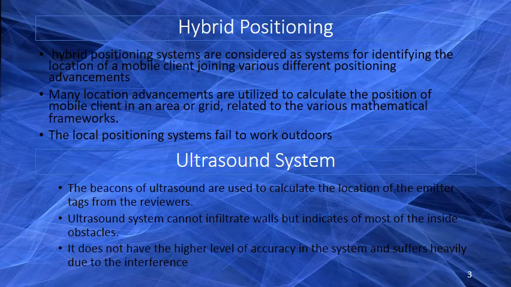Hybrid positioning. In this method, many local location technologies are utilized to calculate the position of mobile clients in an area or grid related to various mathematical frameworks. Hybrid positioning systems are considered systems for identifying the location of a mobile client by joining various different positioning technologies.